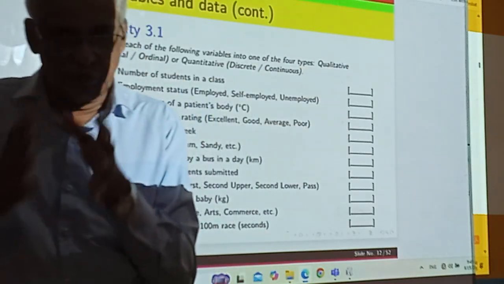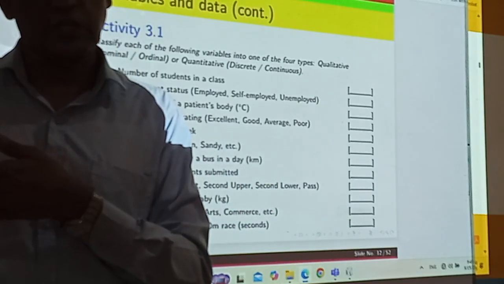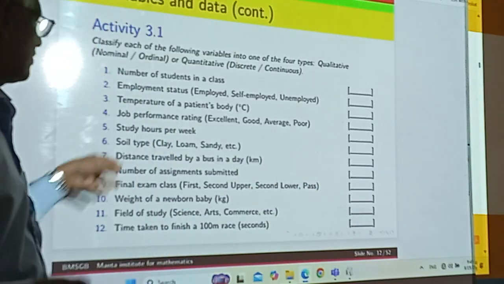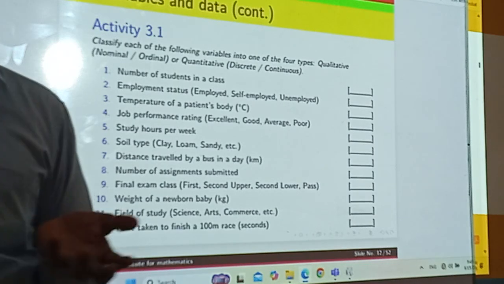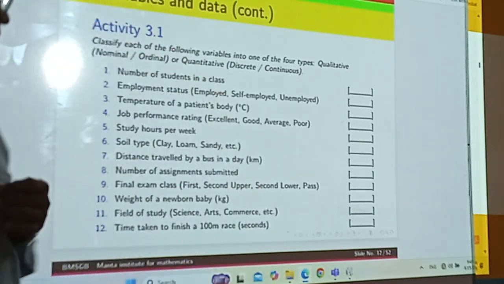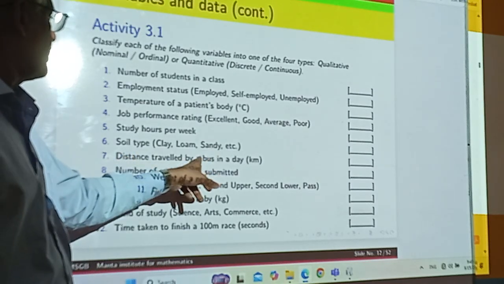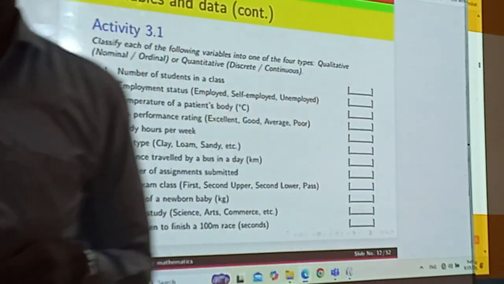We record it up to certain decimals, but the actual distance can be anything, so according to the way it is mentioned here, it is quantitative continuous. If you say distance traveled to the nearest kilometer, then it is discrete.